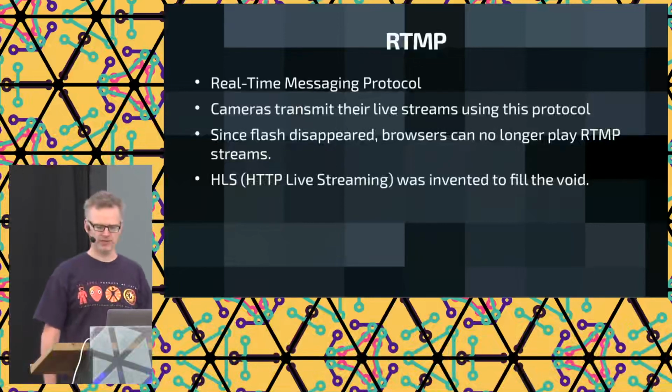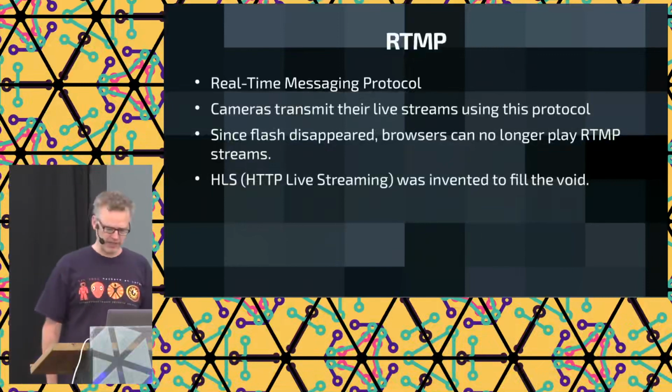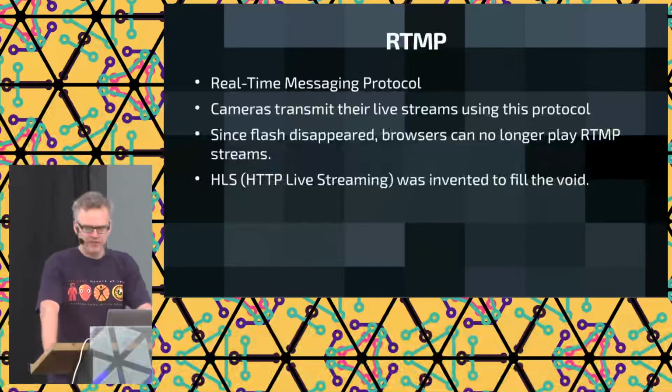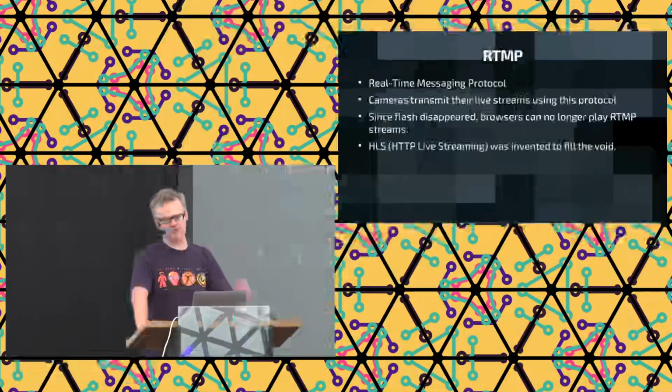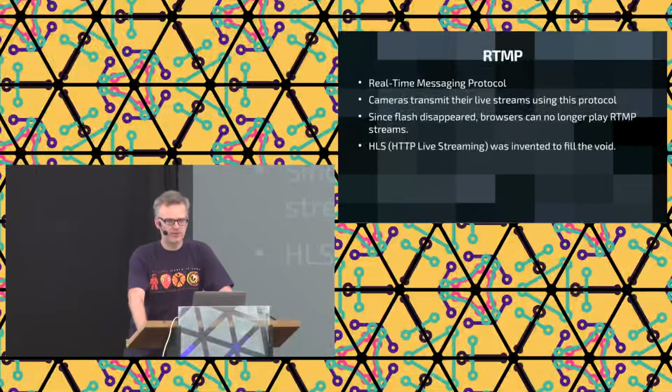It uses TCP port 1935, which is sometimes blocked in firewalls these days. But for the first mile delivery, which is from the camera to the streaming server, it's the protocol of choice for sure. The last mile delivery, which used to be your browser running Flash, no longer works, because browsers can no longer play RTMP.